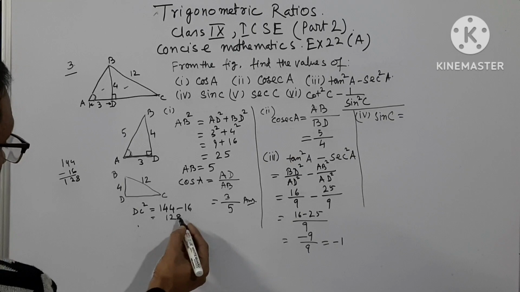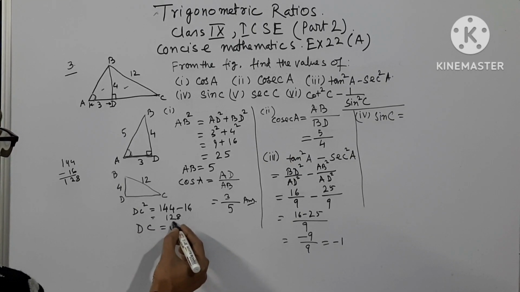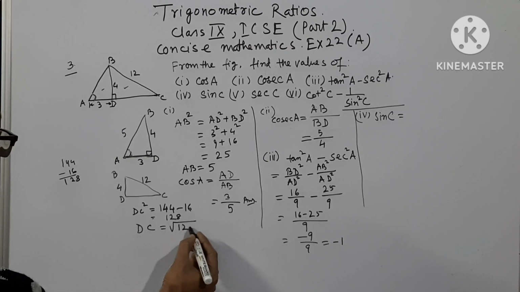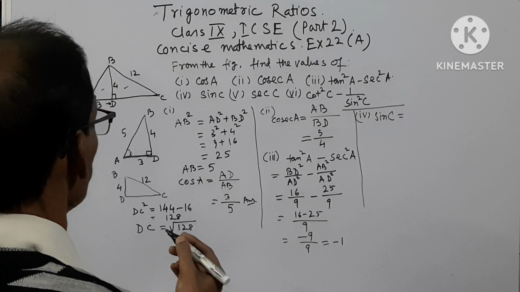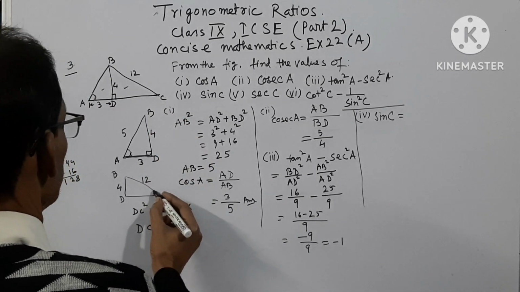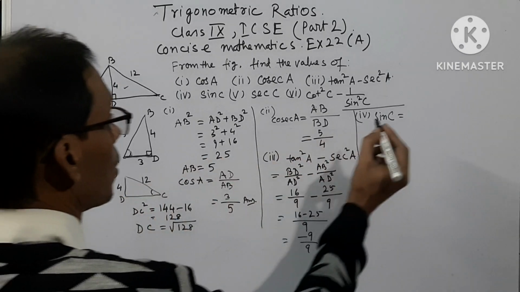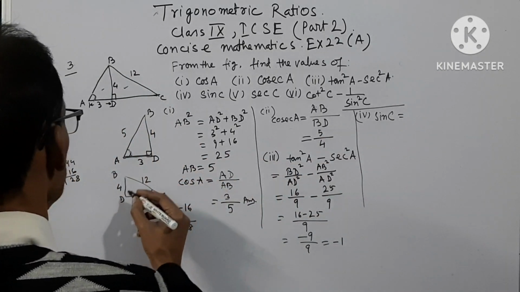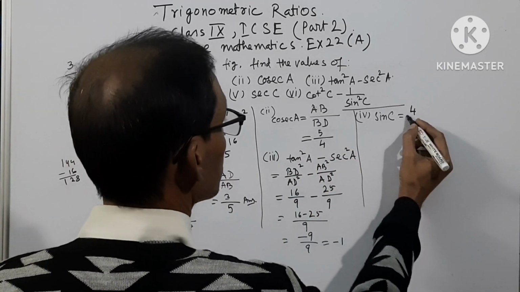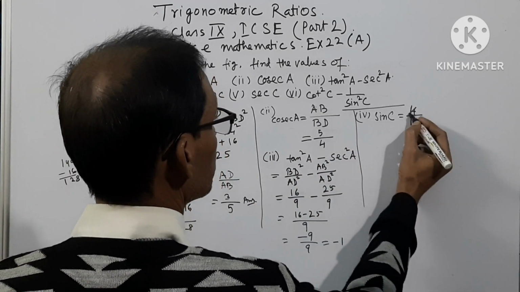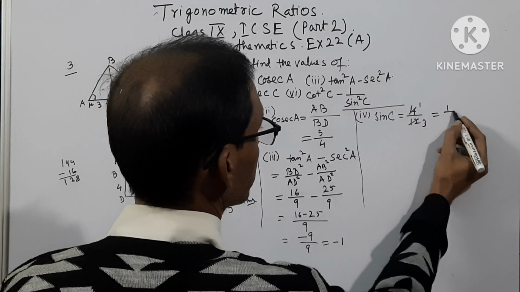You probably see this is not a whole square number, so you can keep DC equal to under root 128. So sin C, this angle, equals BD upon BC. That means 4 by 12.